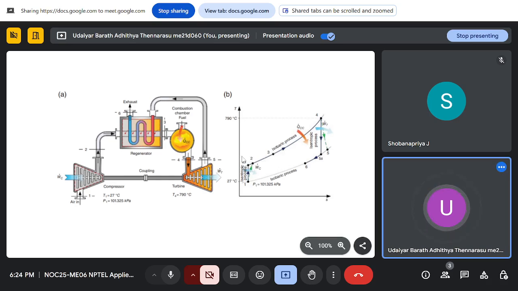Indirectly, by giving the temperature difference, what they have said is the regenerator is not 100% efficient.